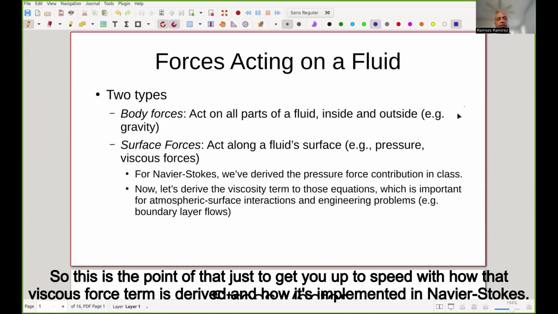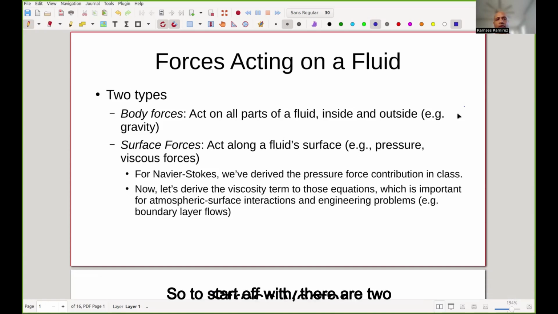This is just to get you up to speed with how that viscous force term is derived and how it's implemented in Navier-Stokes. To start off with, there are two types of forces that act on a fluid.